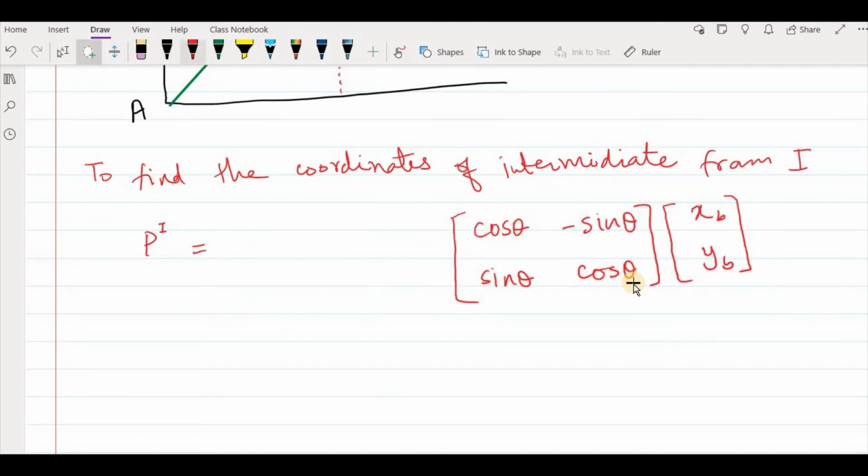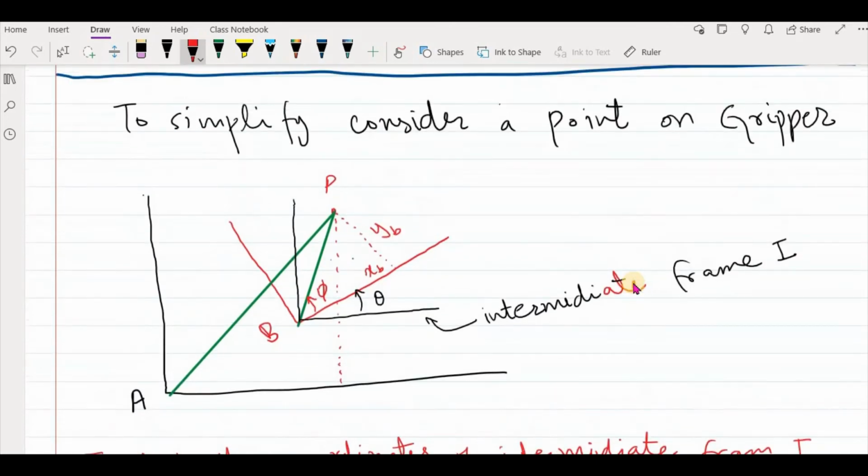In frame I, we have components which we call Xi and Yi. In this rotated frame, this length from here to here is Xi, and this length is Yi.